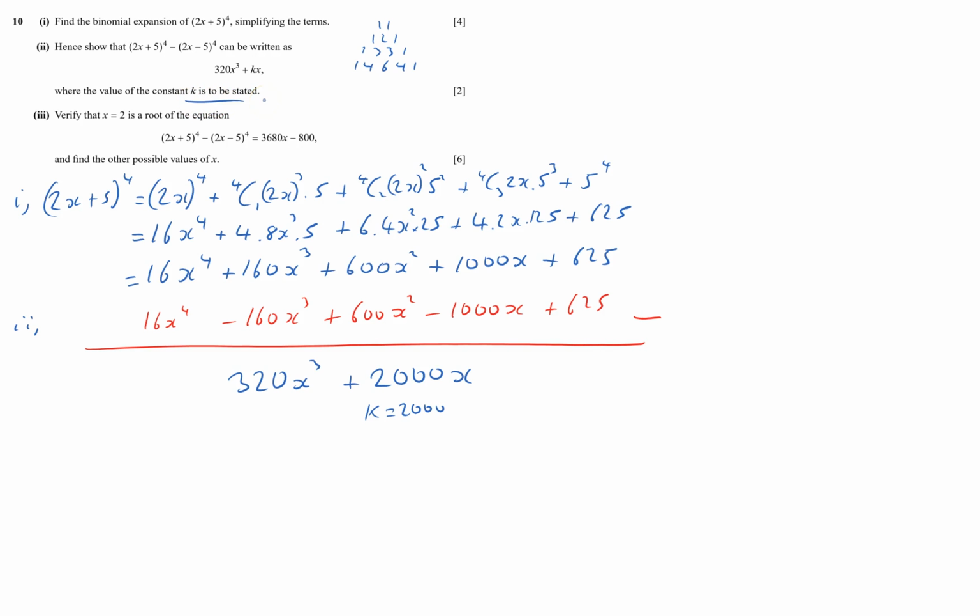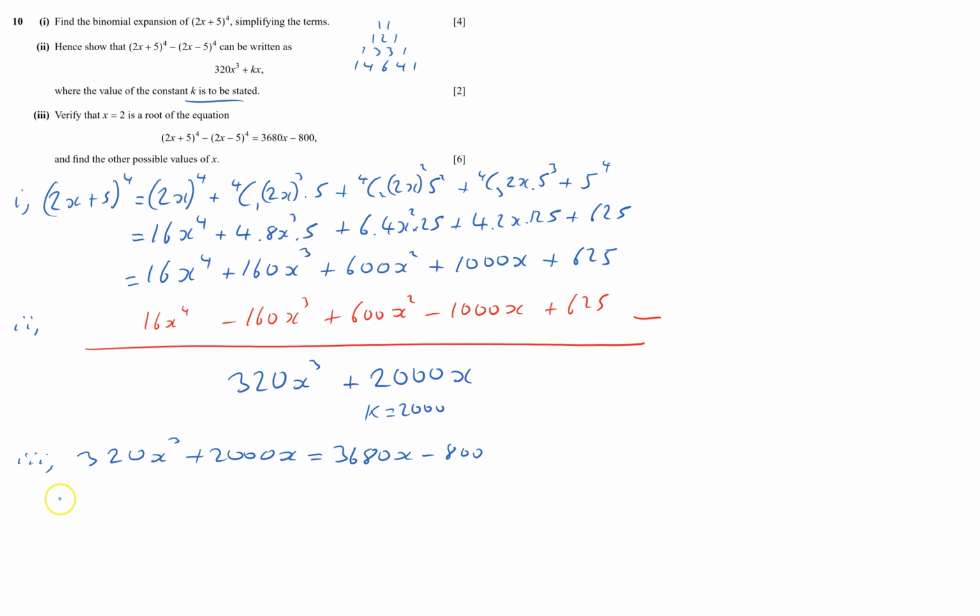Better state it then. Verify that 2 is the root of that, so put it all onto one side. Part 3: 320x cubed plus 2000x equals 3680x minus 800.